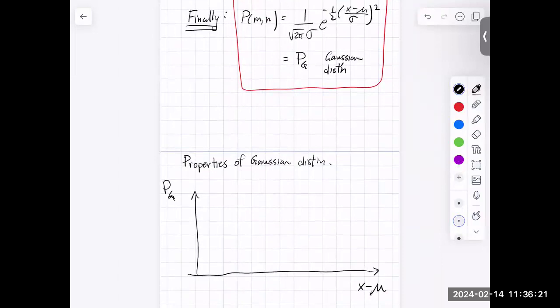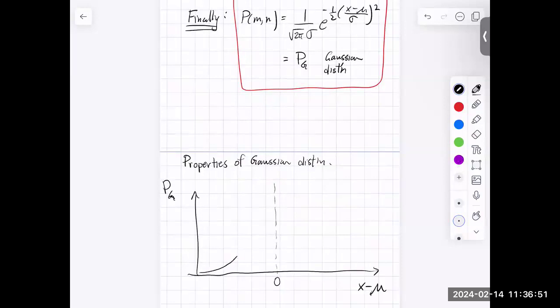And because that's a negative exponential, 1 is as big as it could ever be. Because I'm always going to have minus 1/2 times something squared. And that something squared is always going to be a positive quantity. So the biggest I could make this exponential factor is a 1. And that occurs when x minus mu is equal to 0. And so if that's over here, that's where our peak is going to be.